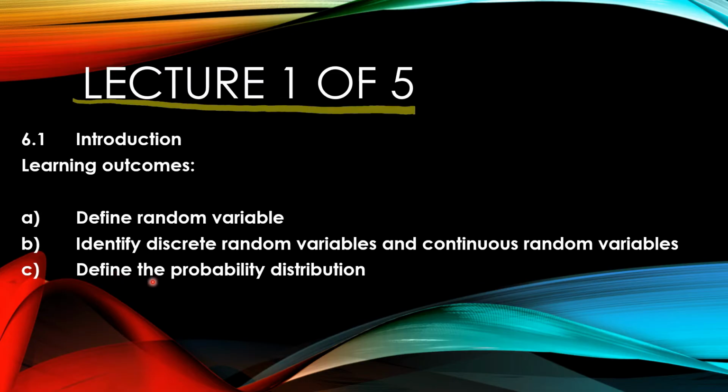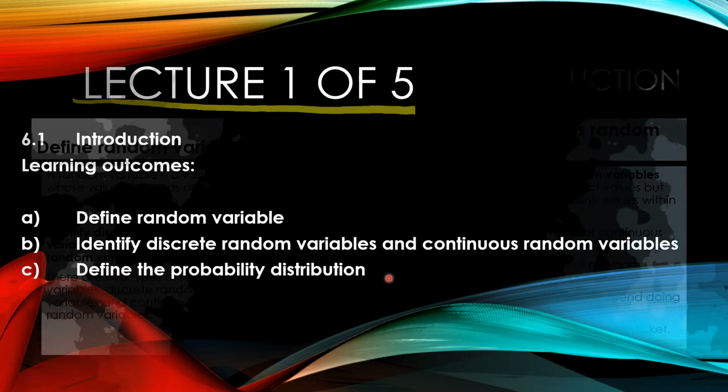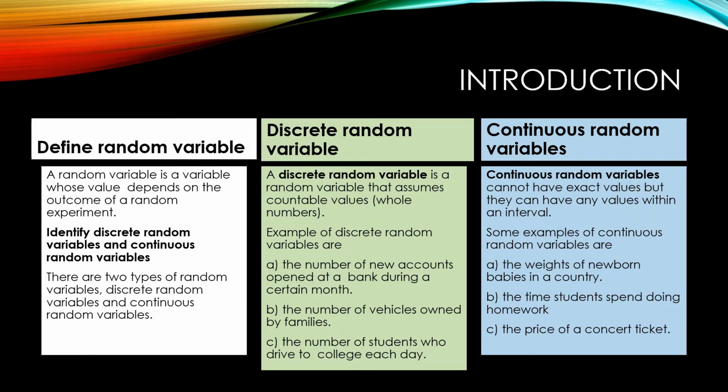And the last one, you need to define the probability distribution. For introduction, let's define the random variable first. A random variable is a variable whose value depends on the outcome of a random experiment.